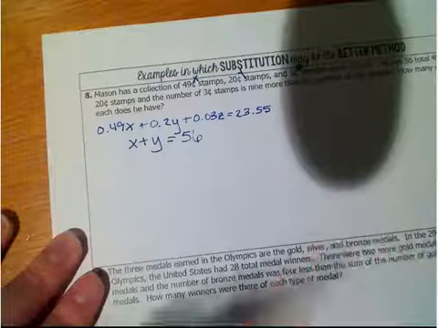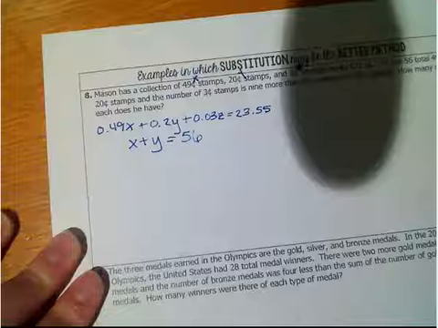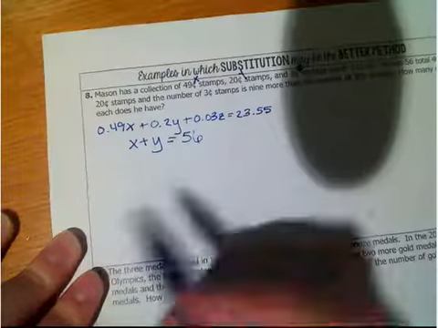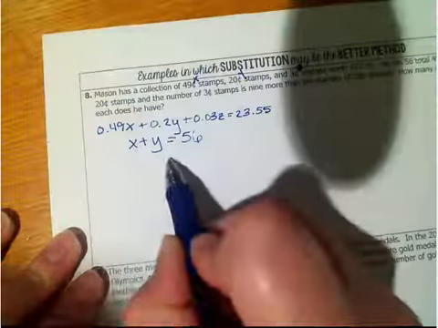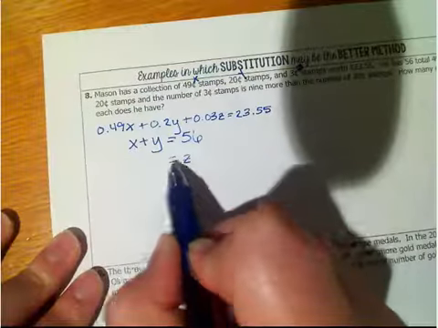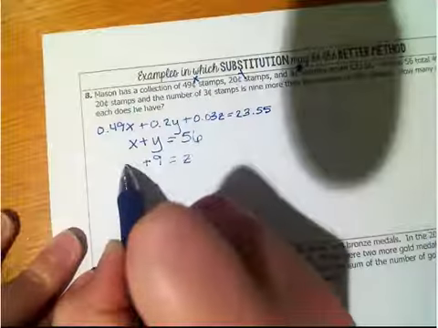And then my last sentence says, the number of 3-cent stamps is 9 more than the number of 20-cent stamps. So my number of 3-cent stamps equals 9 more than the number of 20-cent stamps.